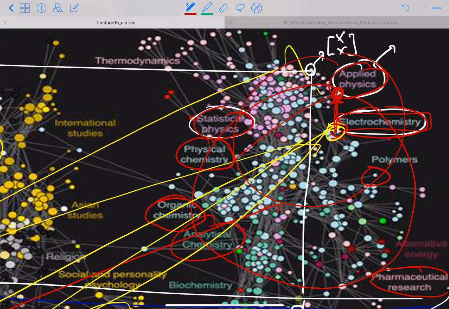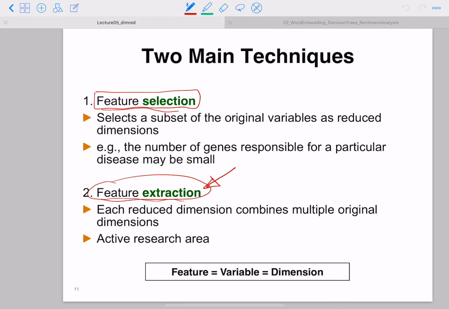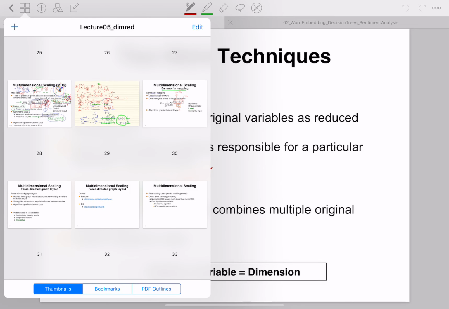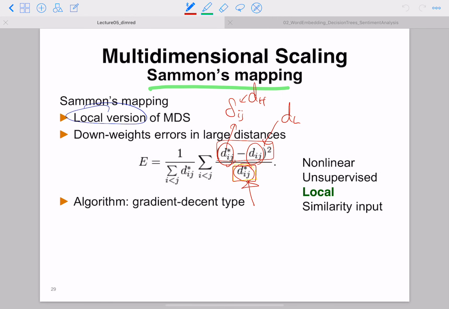This kind of relationship may not be much distorted when using the Sammon mapping. But in the case of the original MDS, this local relationship may be easily distorted. So that is the notion of locality in dimension reduction methods, and this falls into the category of local dimension reduction methods.